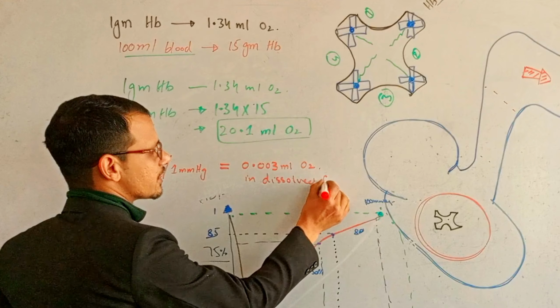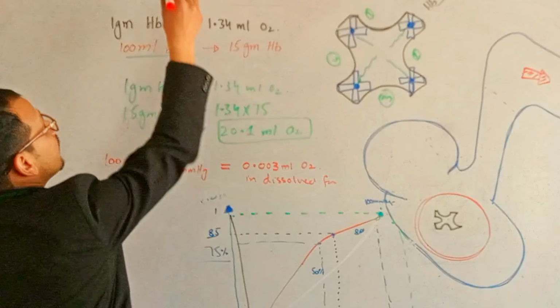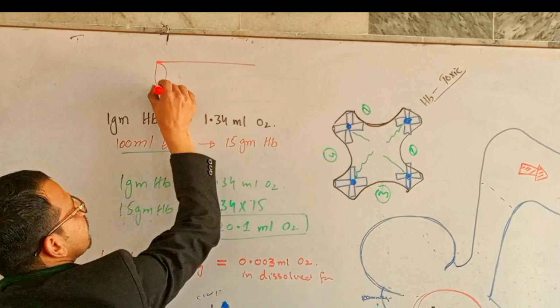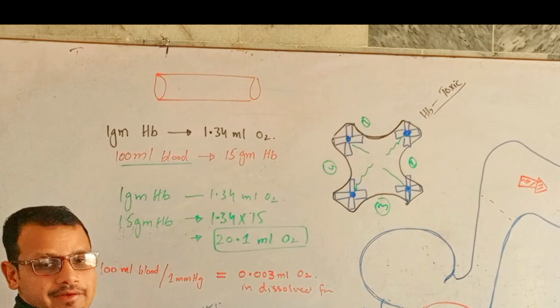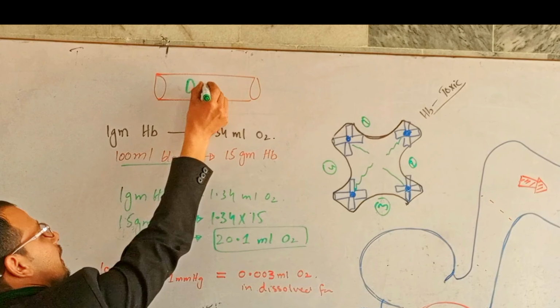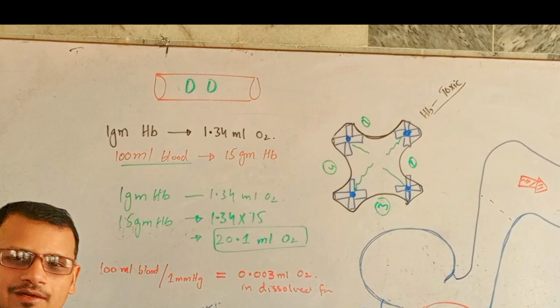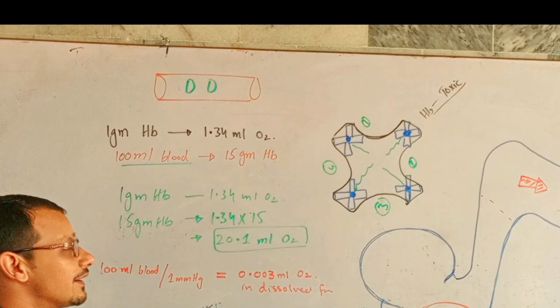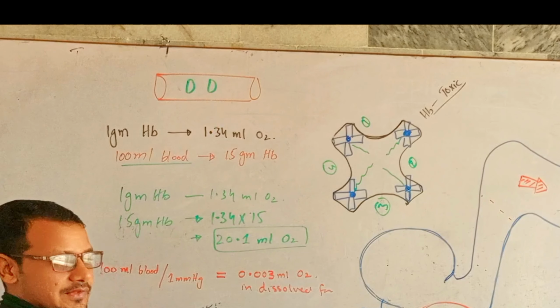What is meant by dissolved form? For example, this is a blood capillary, and these green things are RBCs. Can RBCs be green? No, right? So these are RBCs.